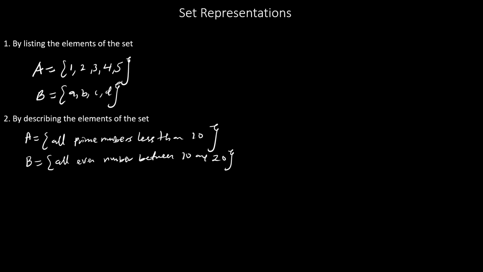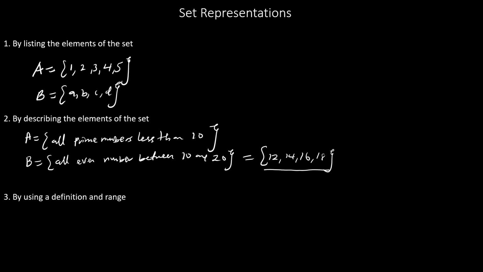So this is still representation by describing the elements of the set, and we can write out the elements of this set by saying set B equals 12, 14, 16, 18. So this is actually set B, but instead of writing it out like this, we use a word to describe it. So that is the second method of representing a set, by describing the elements of the set.